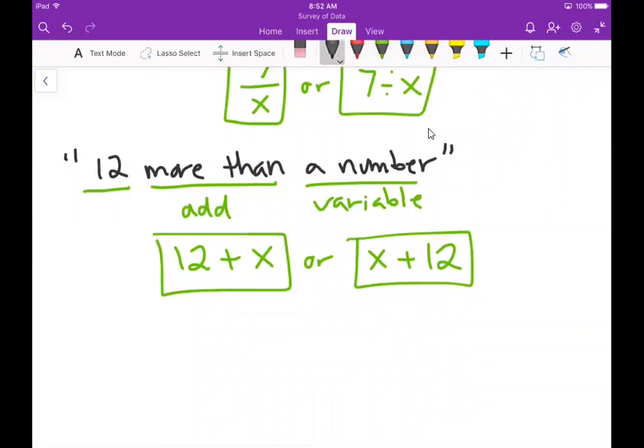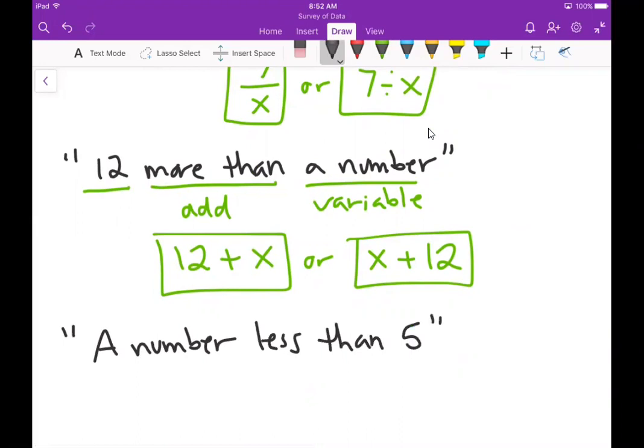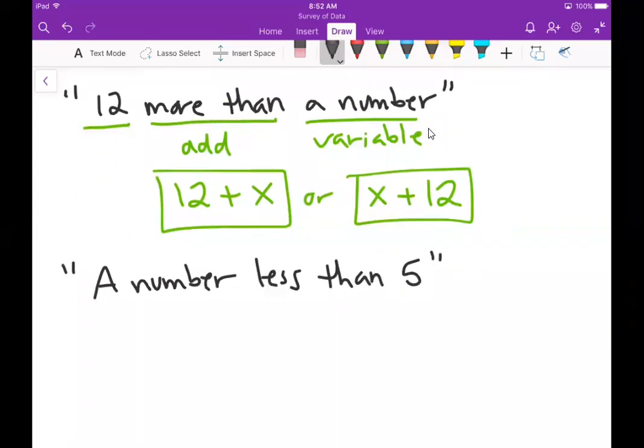This next one is a little bit trickier. A number less than 5. So again, I'm not saying the number is less than 5. That would mean I have an inequality, right? I'm taking a number and I'm taking that number less than 5. Okay, this one's always kind of the most confusing one when people see this less than. So a number less than 5.